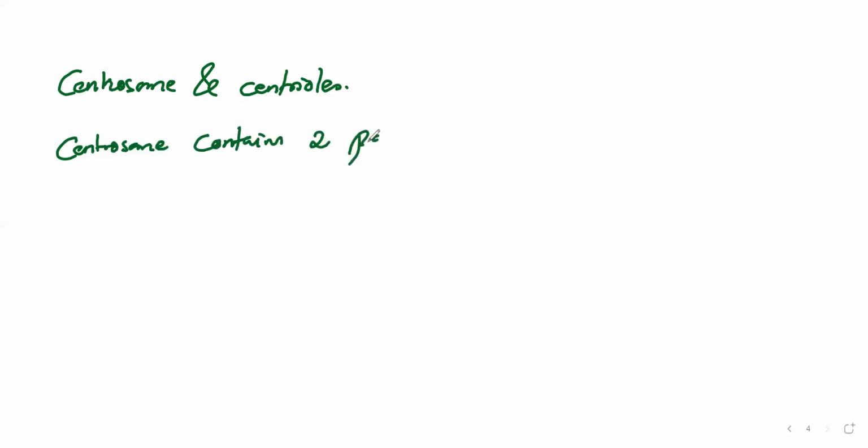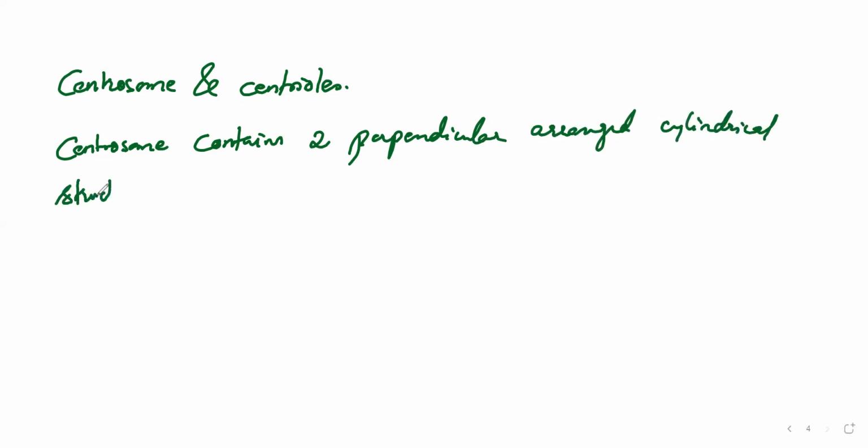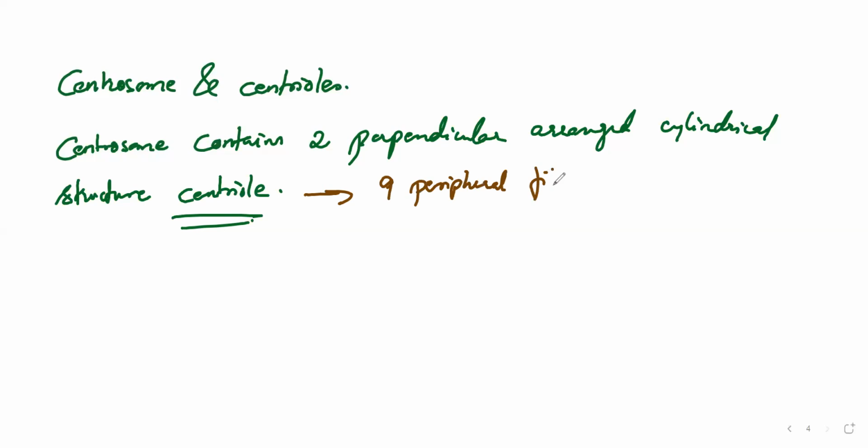Two perpendicularly arranged cylindrical structures. And this is called what? Centriole. So again over here, the centrioles are made up of 9 peripheral fibrils of tubulin protein.